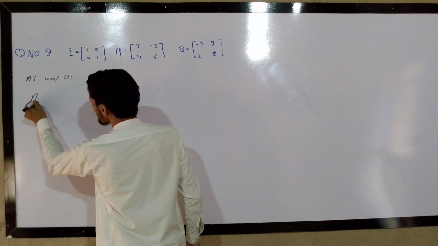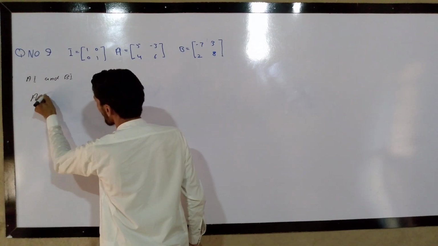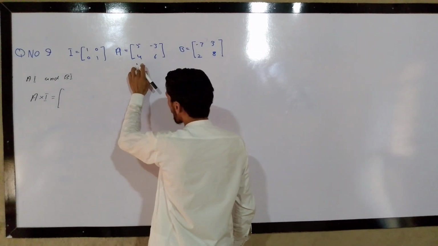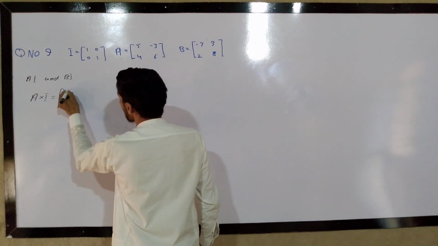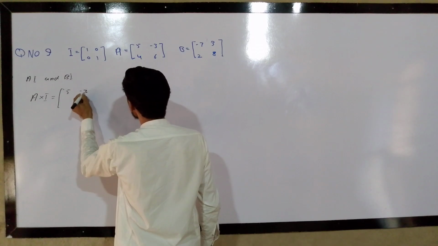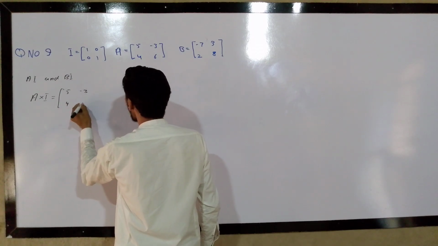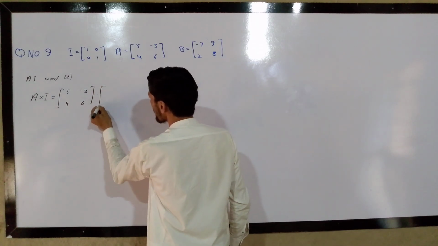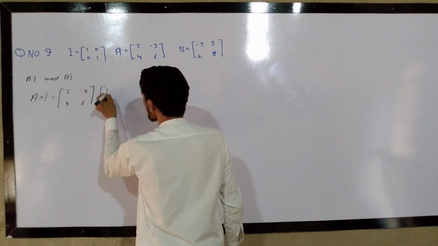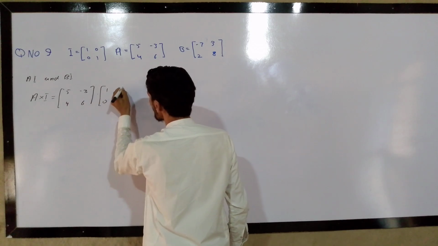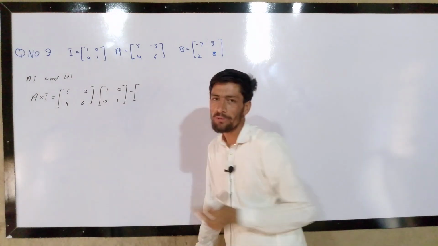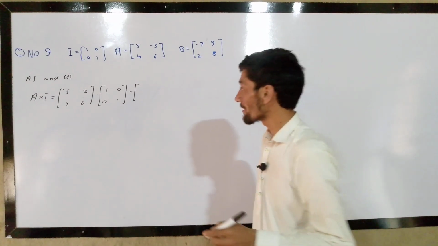Now, matrix A cross I is equal to, write down the elements of A, 5 -3 4 and 6, with the product of the elements of I, 1 0 0 1. This is a simple multiplication of matrices.